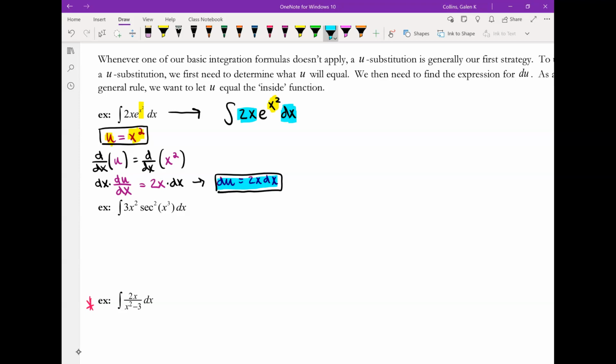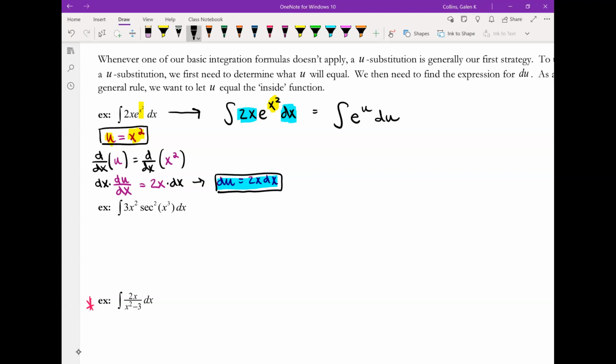All right, so if I replace everything that I highlighted, I'm now going to have e to the power of u, and my 2x dx gets replaced with du. So now I have an integrand represented by one of the formulas that we learned earlier in this unit.